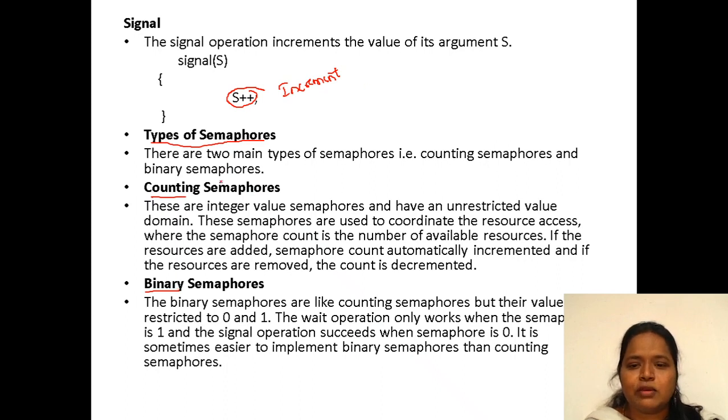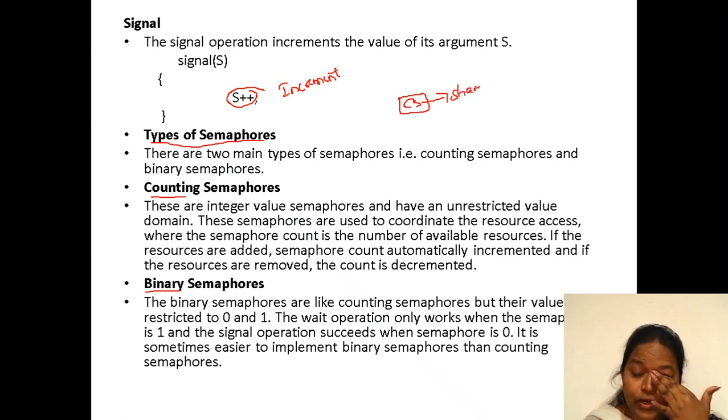So what do we mean by a counting semaphore? What is in the critical section? We place the shared resources in the critical section, is it not? When we place the shared resources in the critical section, in the counting semaphore the semaphore count is the number of available resources.